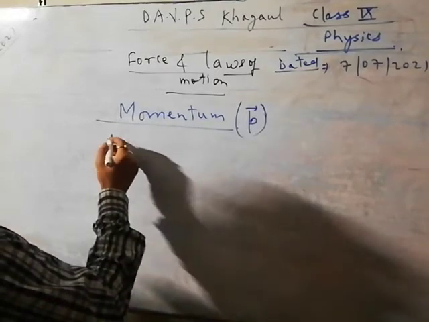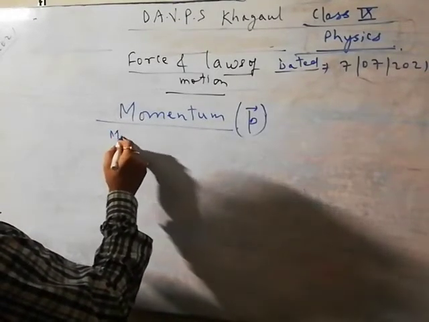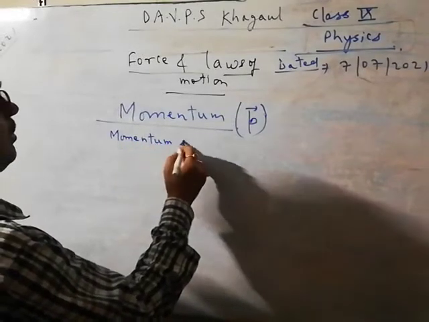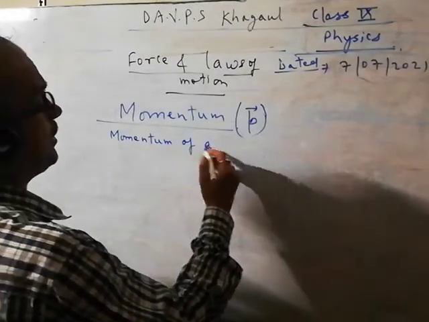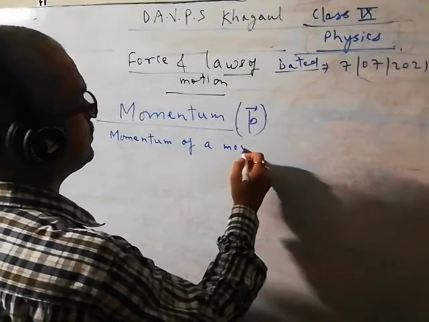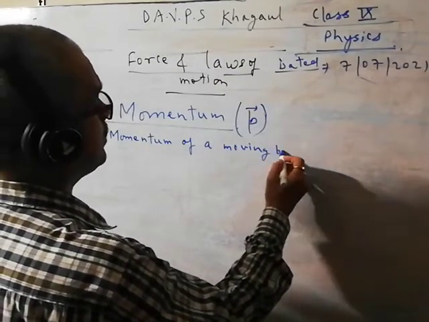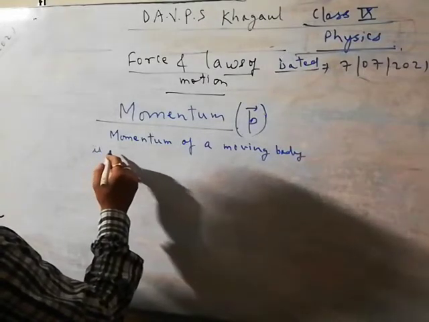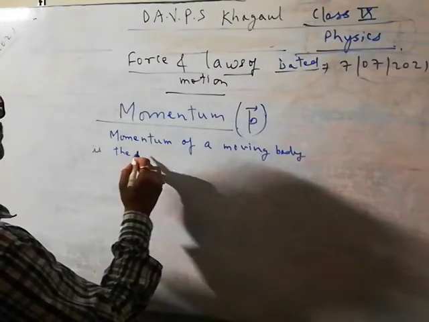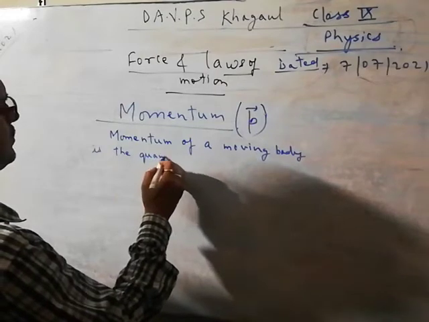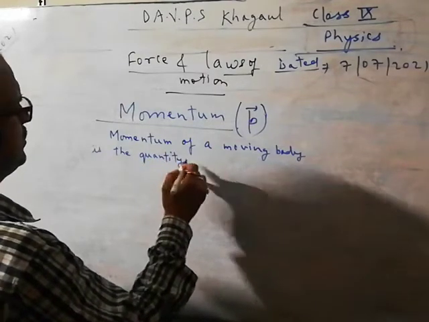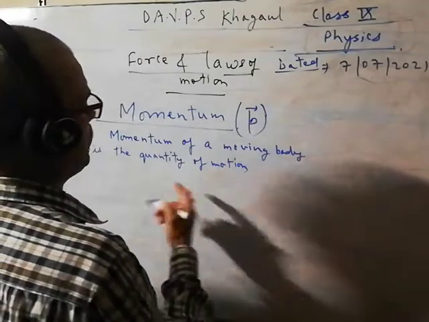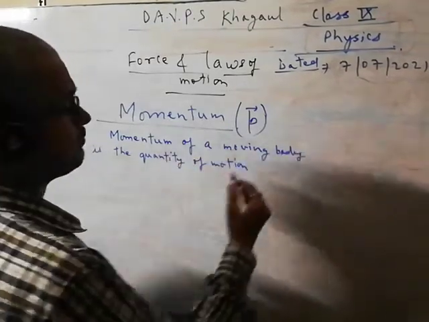So what is momentum? The momentum of a moving body is the quantity of the motion possessed by the body.